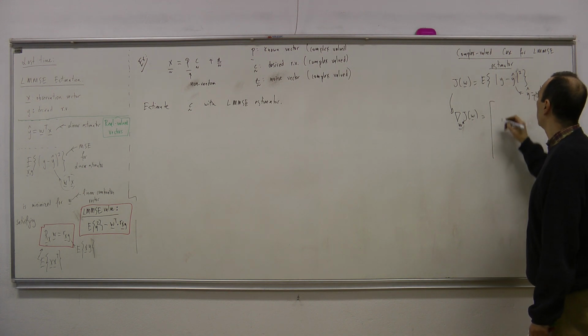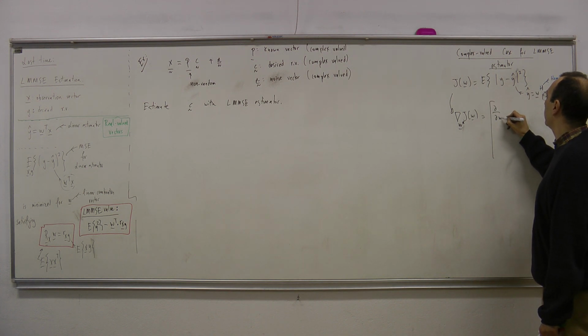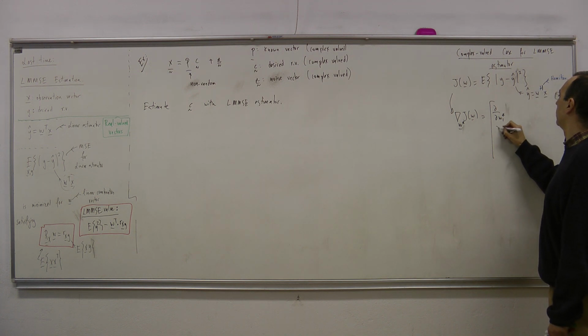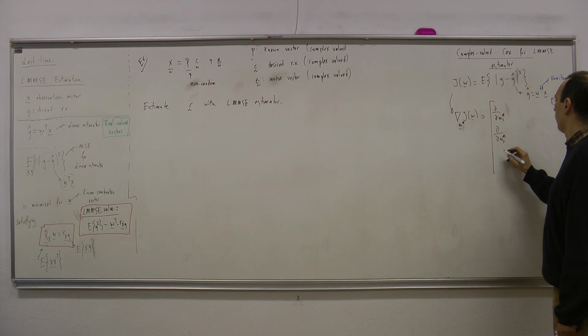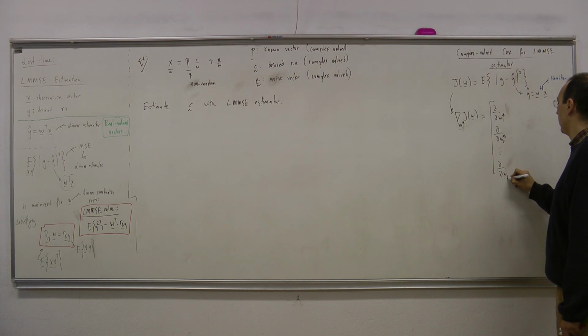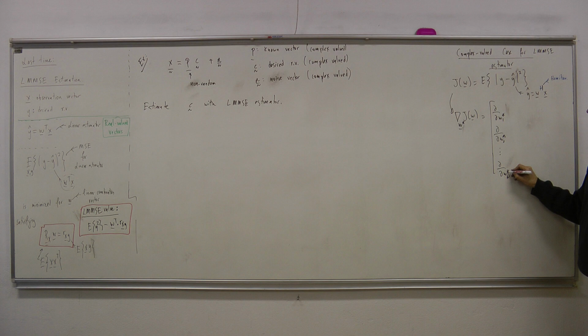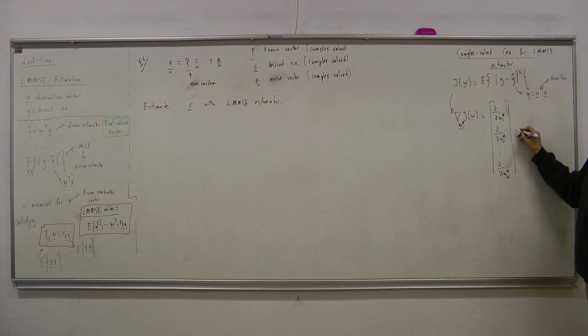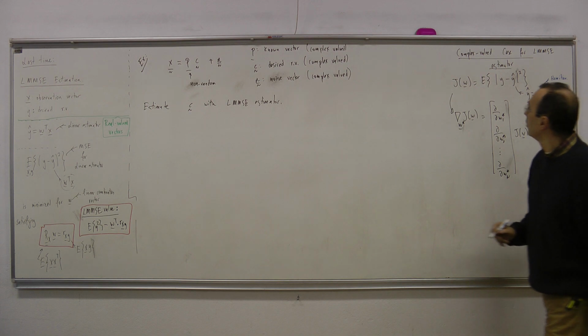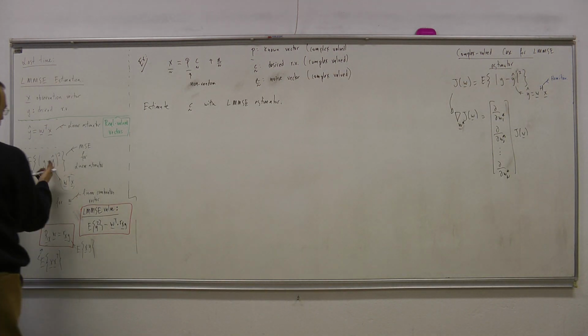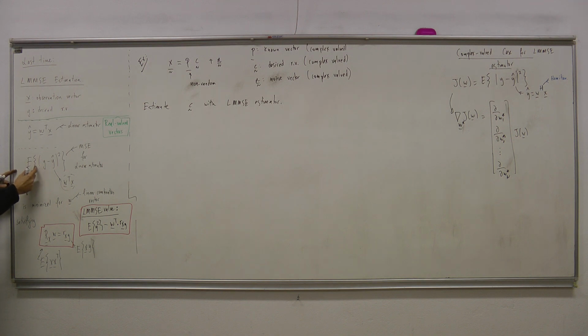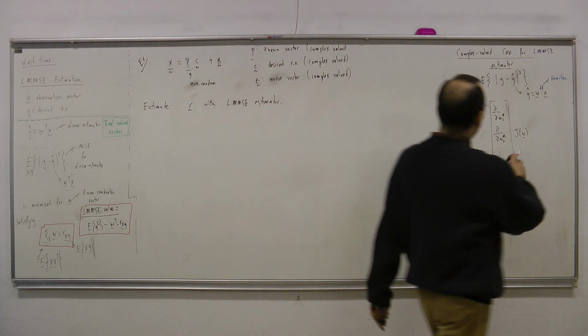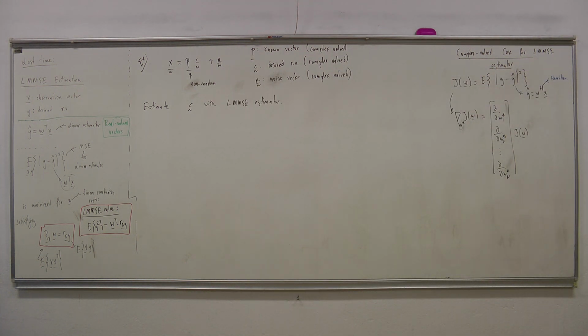I would like to evaluate the following: the partial derivative with respect to omega 1 conjugate of this J function, the partial derivative with respect to omega 2, and the partial derivative with respect to omega n of this J function. The weights are complex valued. Previously we had the real valued case, we were taking derivatives, and we ended up with these two results. Now I will do the same thing, but this time for the complex valued case.